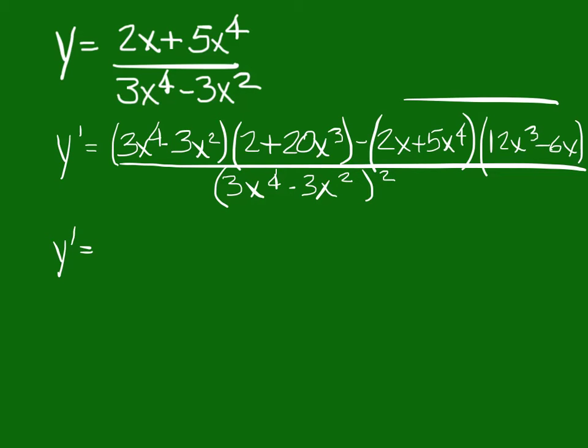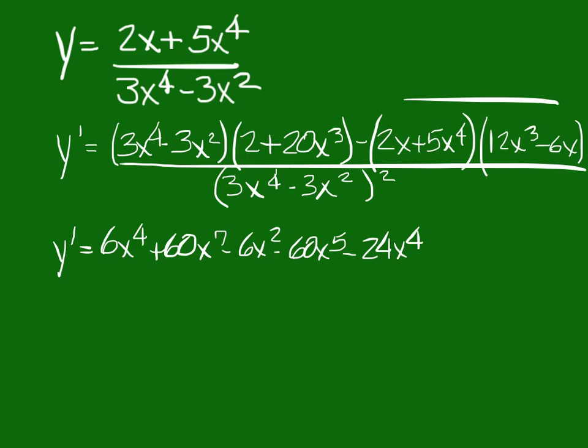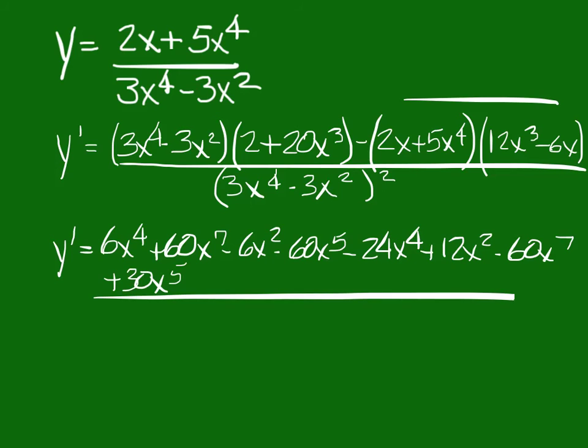And once you get to that point, you should have 6x to the 4th plus 60x to the 7th minus 6x squared minus 60x to the 5th minus 24x to the 4th plus 12x to the 2nd, and then minus 60x to the 7th, and on the next line plus 30x to the 5th. Again, all of that is over the quantity squared of 3x to the 4th minus 3x squared.